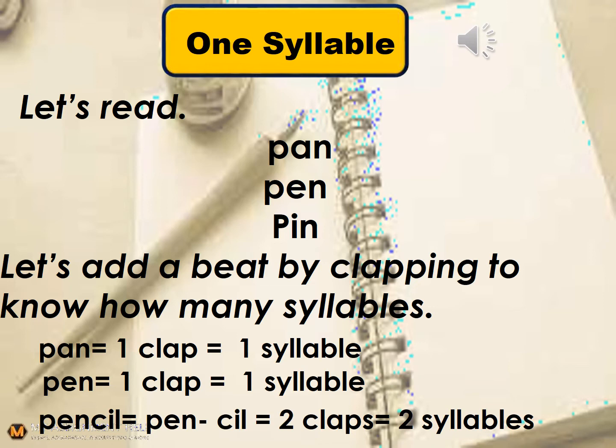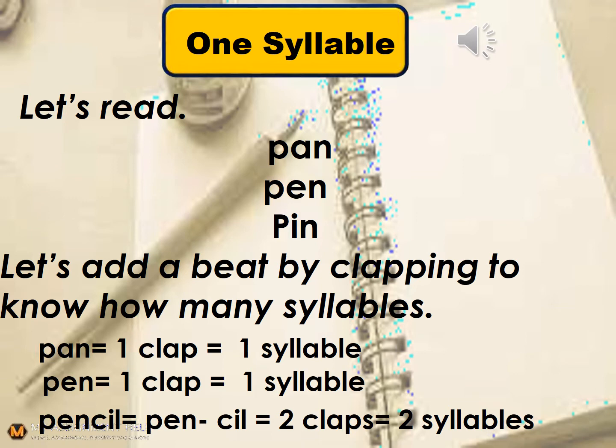Pen. So how many claps did we say for the word pen? It's just one clap. That's why it has one syllable. Another is pen. It has one clap.